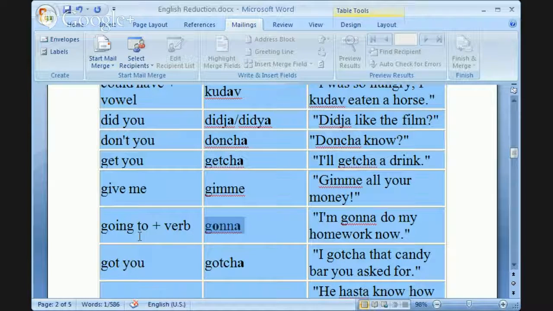However, if going is followed by the preposition to, as in a place, as in you're forming present continuous tense, I am going to Manila, you absolutely must use the full form.